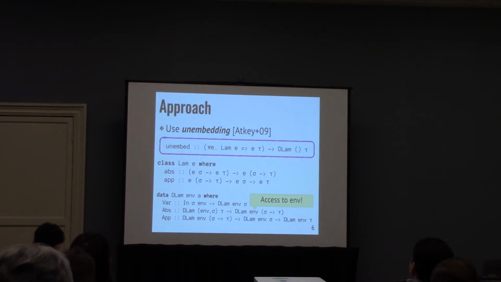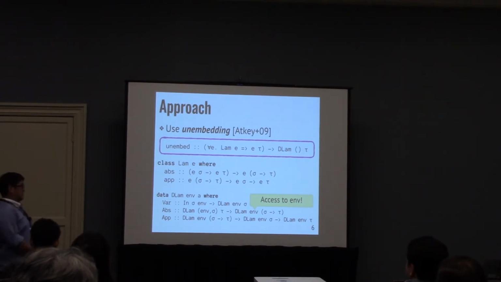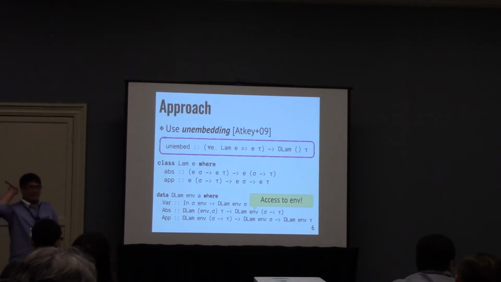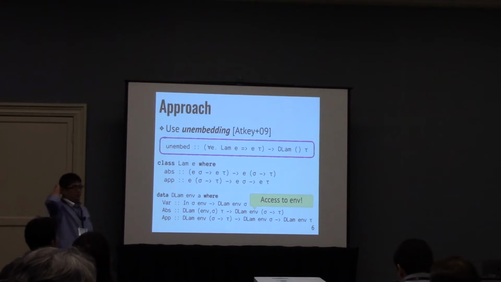Unembedding is a transformation from the finally tagless type to the de Bruijn index term. By this conversion, we can access the environment. So there's no problem implementing inverse semantics that refers to the environment.